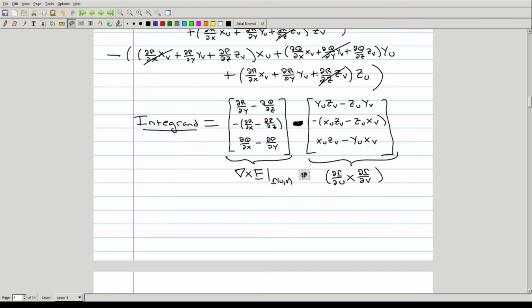So this is exactly our integrand. Our integrand is the curl of F dot product with this vector, which you'll remember is the non-unit, but normal vector to the surface.